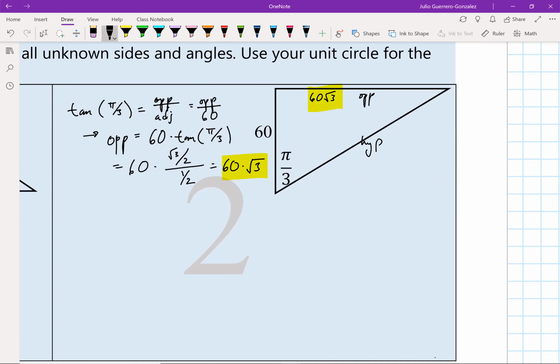Now, the last thing we have is hypotenuse, right? We have adjacent. We need hypotenuse. That means we need cosine. Cosine of pi over 3 is equal to 60 divided by the hypotenuse.